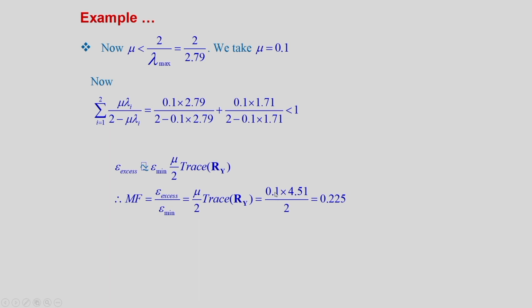When we put mu and trace of Ry as the sum of the diagonal elements, that is 4.51, divided by 2, that is equal to 0.225. That is, there is a misadjustment of 22.5% from the optimal mean square error.